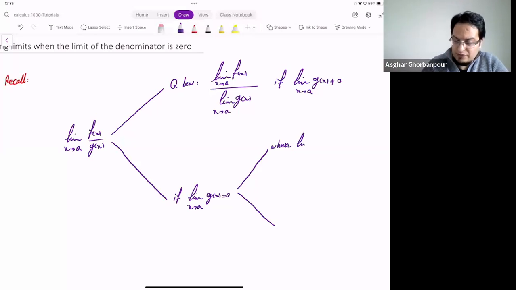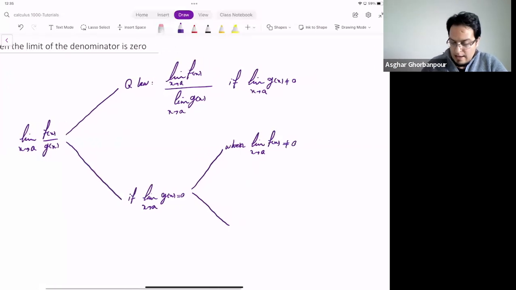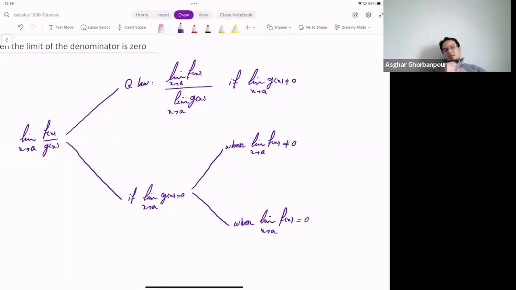When the limit of the numerator, which we assume exists, is a number not equal to zero, and the other scenario is that the limit of the numerator, which we assume exists, is equal to zero. Very nice. So you have these three cases. These are the only possibilities if the limits of f and g exist. Well, we already covered this part.